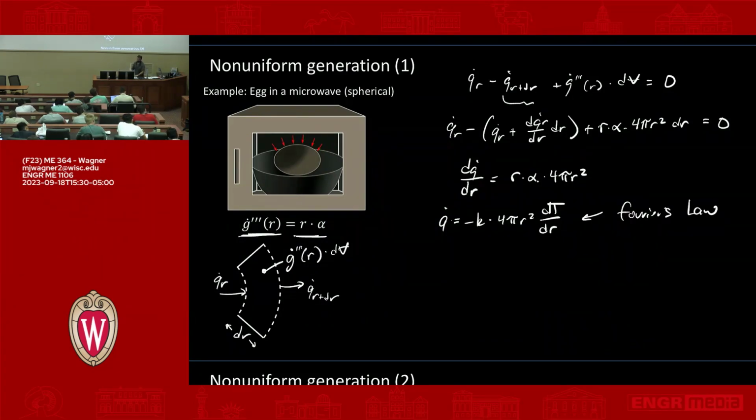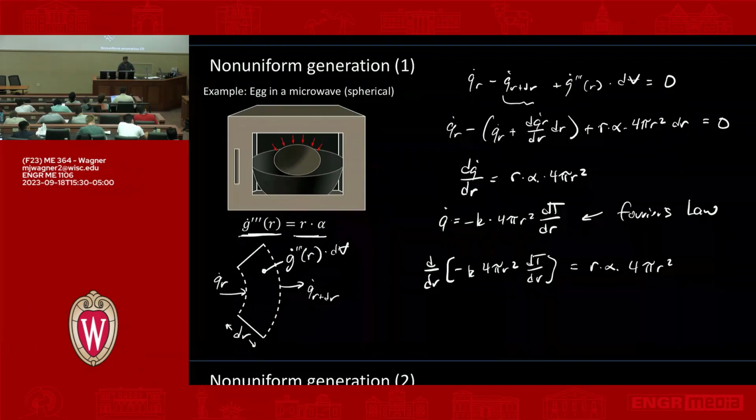So sub that in, and we get this. We get d dr of the rate equation, minus k 4 pi r squared dt dr, is equal to r times alpha times 4 pi r squared.